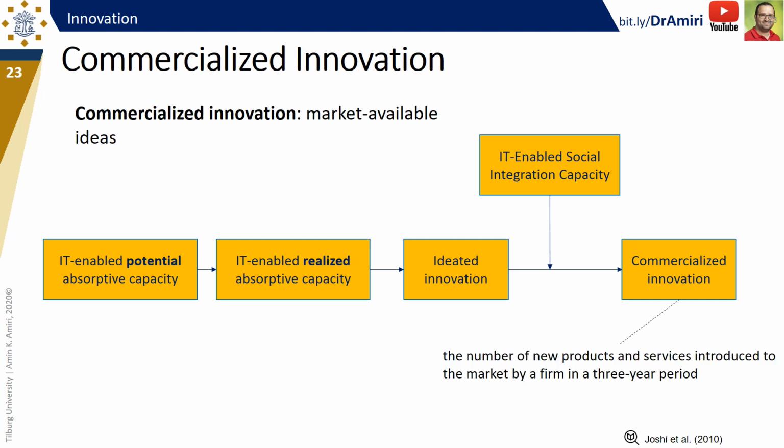So, commercialized innovation is the ideas that are now available to the market that can be measured through the number of new products and services introduced to the market by a firm over a span of 3 years.